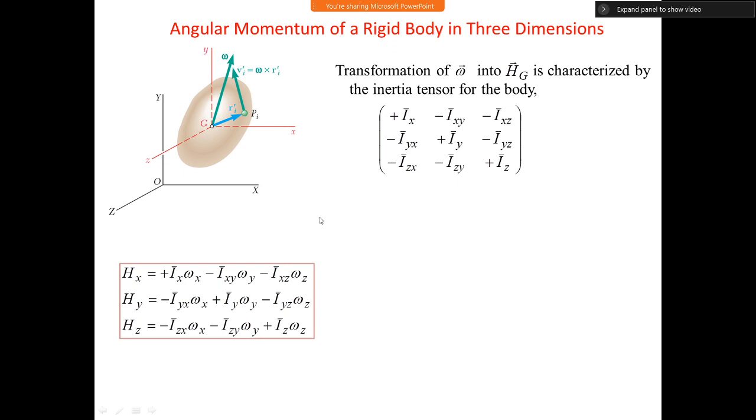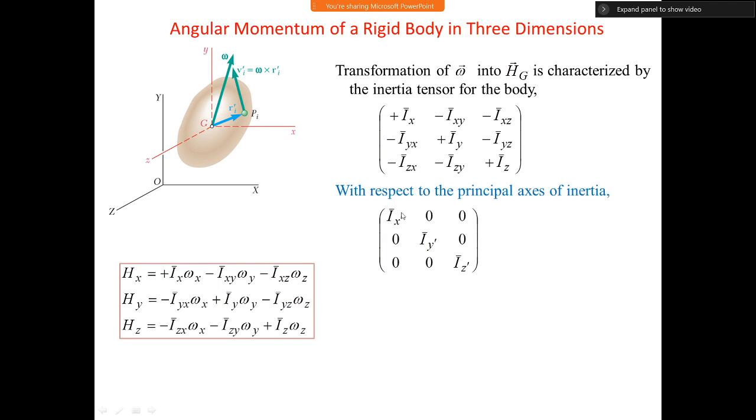And then your inertia matrix is only a diagonal matrix, and these terms are 0. These are called the principal moments of inertia, and this new direction x prime, y prime, z prime is called your principal axes of rotation.